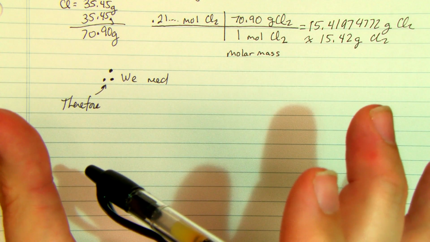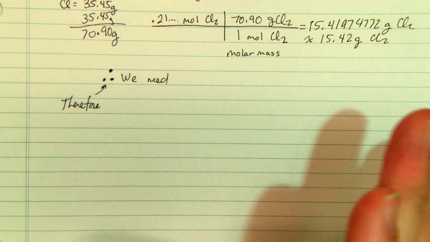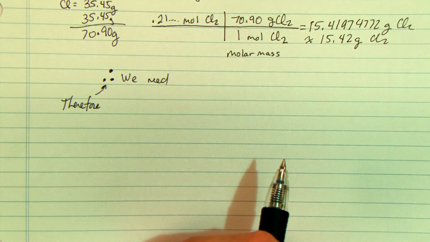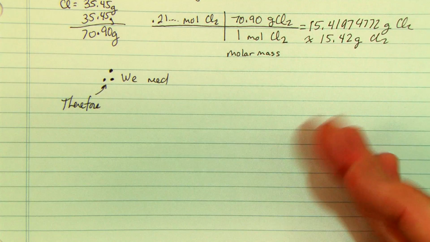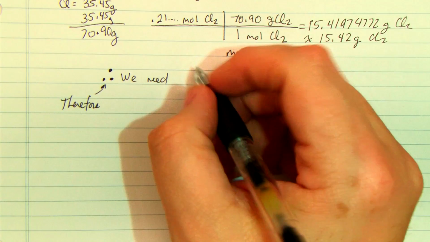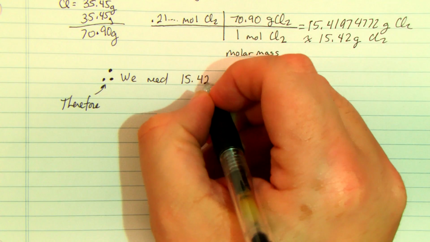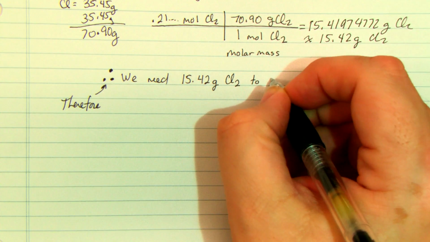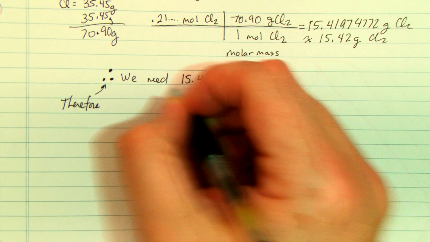You just do the work and then expect me to figure out what the answer is. You actually have to go to completion. You have to finish the answer, write the answer out. So therefore, we need 15.42 grams of Cl2 to have the 10 grams of sodium fully react.